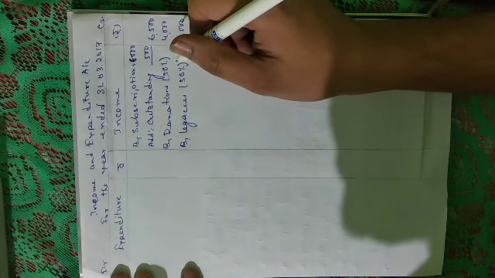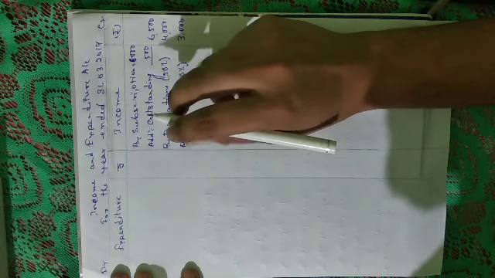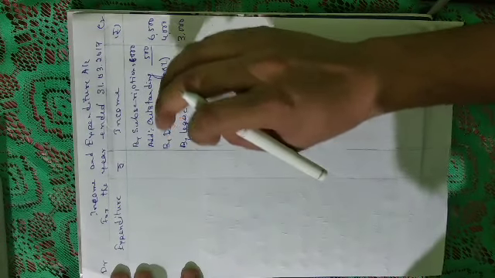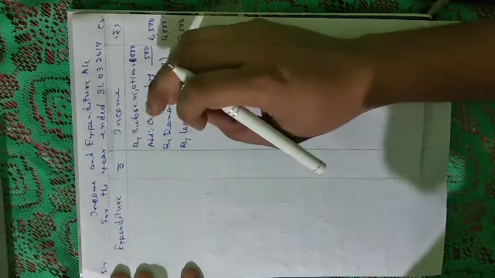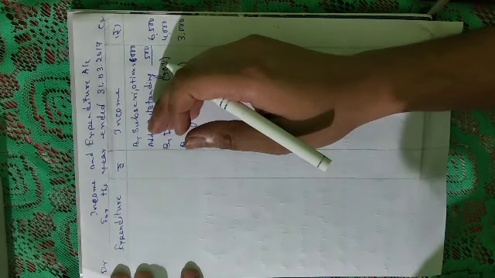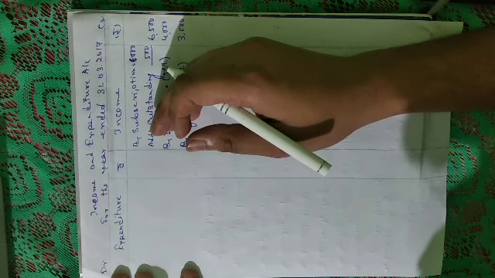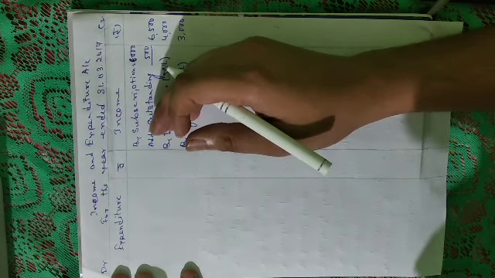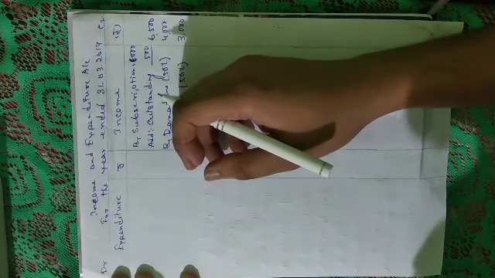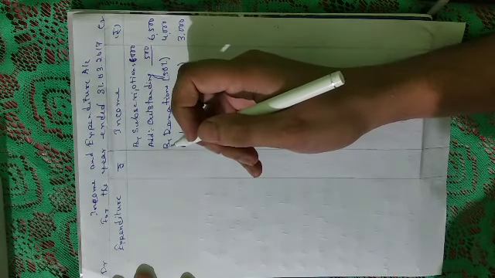Next, interest on investment. One thing you have to focus on especially: interest on investment on the credit side. Here is the endowment fund investment. Endowment fund is capital in nature, and the interest on investment is derived from the endowment fund, so it will be added to the endowment fund in the balance sheet.